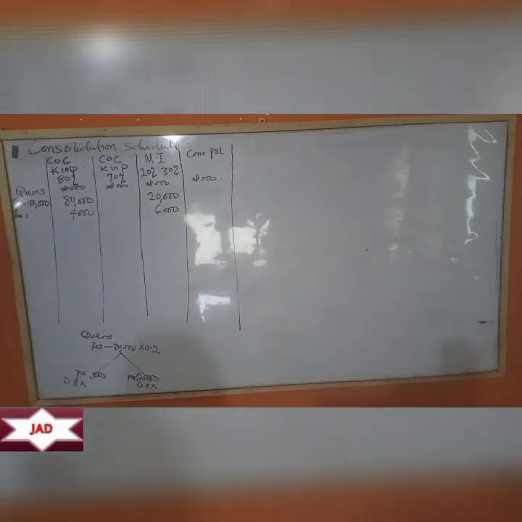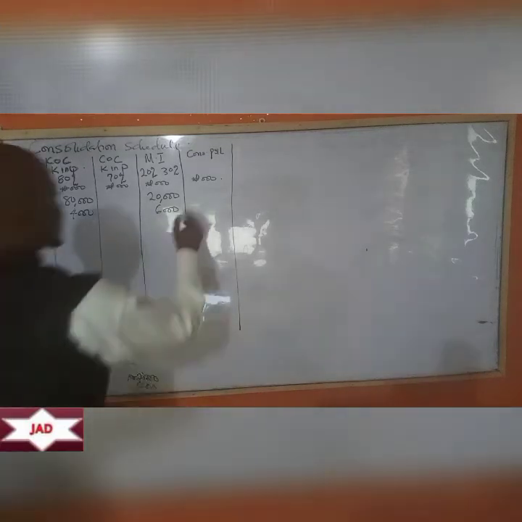So consolidated P and L will be post, 0.8 times 25,000, which is 20,000.